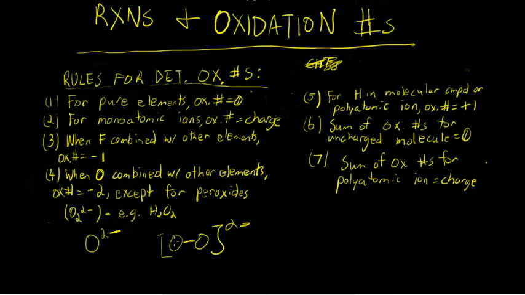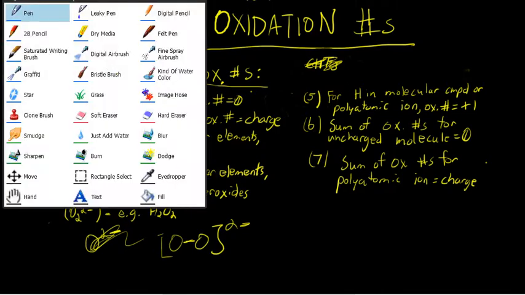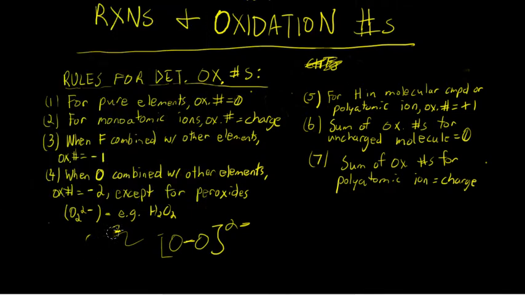So these are peroxides, and hydrogen peroxide is one example. Okay, for hydrogen in a molecular compound or in a polyatomic ion, the oxidation number is +1. So, say in HCl, for example, the oxidation number of hydrogen is +1.